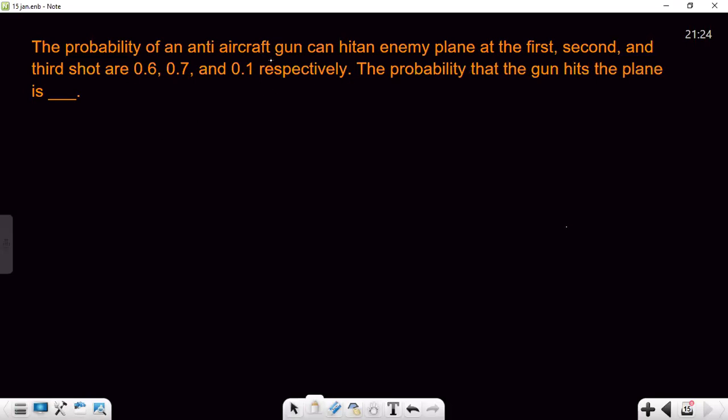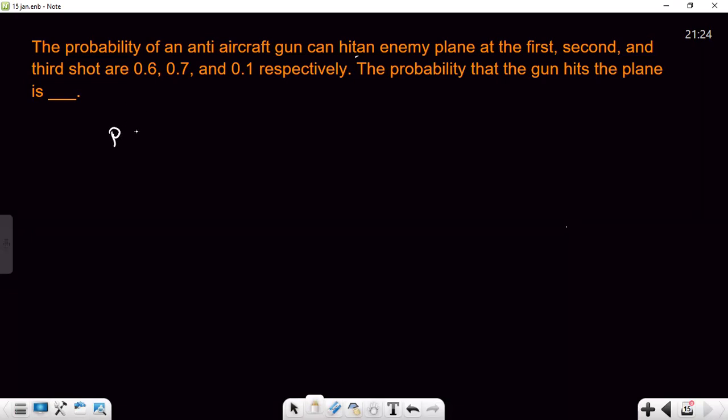The probability of an anti-aircraft gun hitting an enemy plane at the first, second, and third shot. Okay, so if there is an enemy aircraft, it can be shot in the first or second or third shot. So we have to find out the probability.